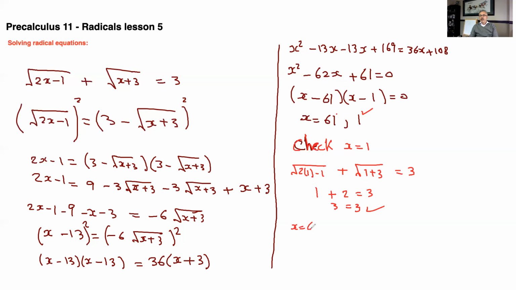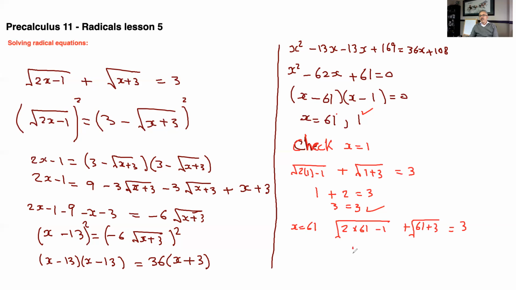x equals 61. We're going to check that, and we have square root of 2 times 61 minus 1 plus square root of 61 plus 3 equals 3. 2 times 61 is 122 minus 1 is 121.